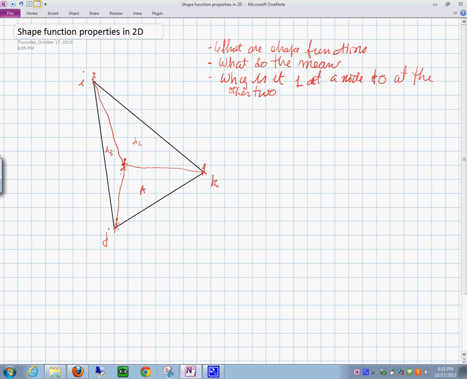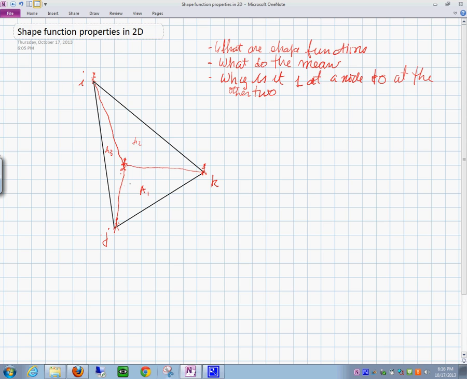So it means that if you have, let's say, the node, this one, he pulls it all the way into here.